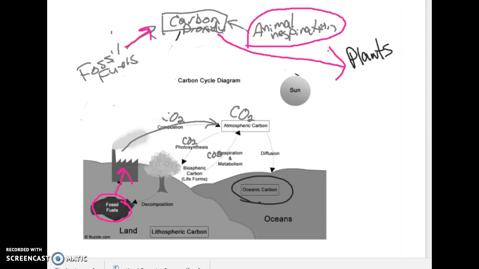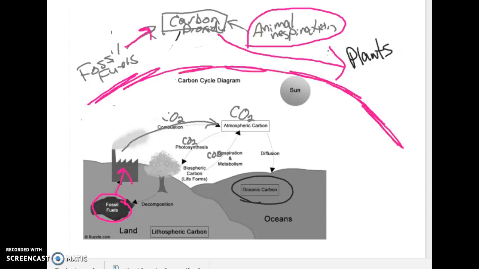One of the things that we get really worried about is an increase in, if this represents the Earth's atmosphere, we worry about an increase in carbon dioxide gas in the atmosphere, because it kind of prevents some of this. Okay, so the sun actually would be out here.